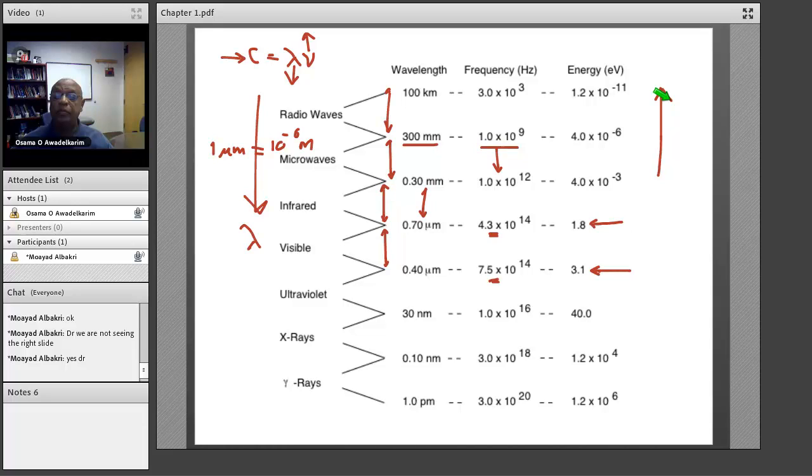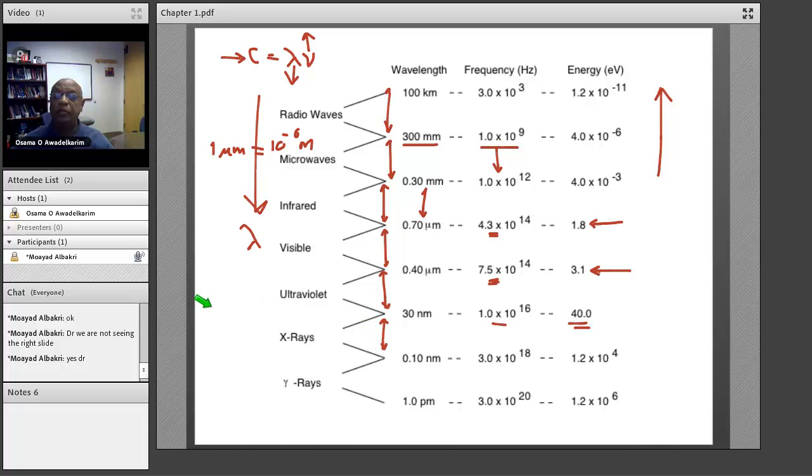Then as we go to ultraviolet, okay, then lambda goes down, the frequency increases, 7.5 times 10 to 14 to 10 to 16, and also the energy of the photon increases, 40 electron volts. And then X-rays, 30 nanometer.